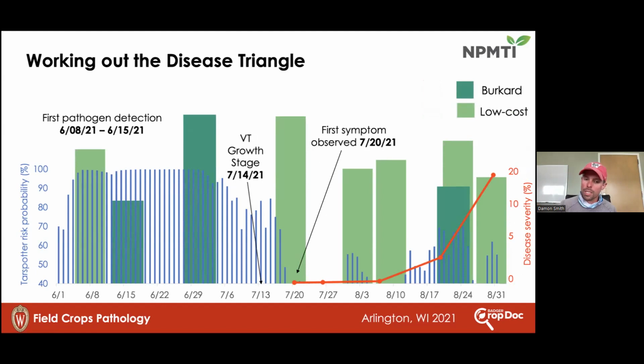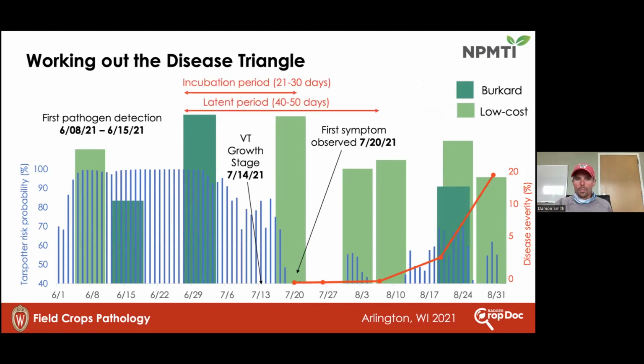Well, in the field, we don't always have ideal conditions, but we can work that out. And so the incubation period, according to what we see in the field, is somewhere in the 21 to 30-day range. Again, if it's a little more conducive, that can get a little shorter. If it's a little less conducive, that can get pushed out a little bit. And then the latent periods we've been observing in the field are probably in the 40 to 50-day range.